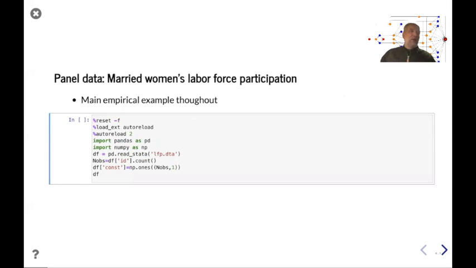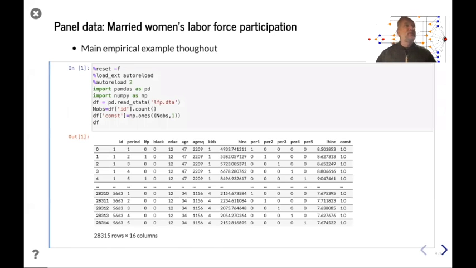Okay, so that was just a little bit of notation. Let's actually look at the real data. As usual, we're just going to build on the data sets from Wooldridge's textbook. What I'm doing here is reading in pandas and NumPy. I'm using a very nice routine in the pandas module that can read a Stata data set right into a data frame.